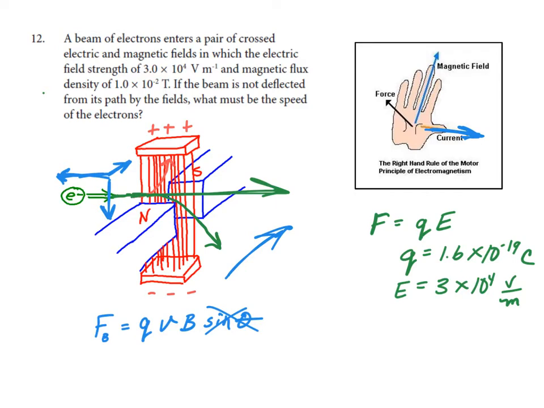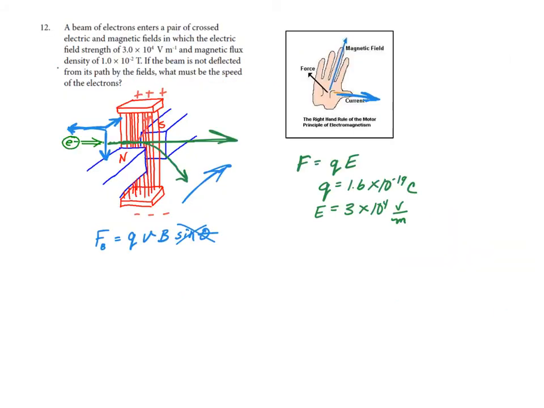These two forces are going to have to be equal to each other. So the force from the magnetic field must equal the force from the electric field, which is QVB equals Q times E.